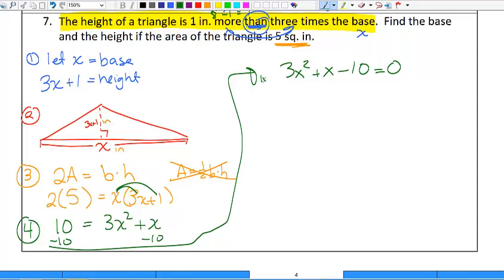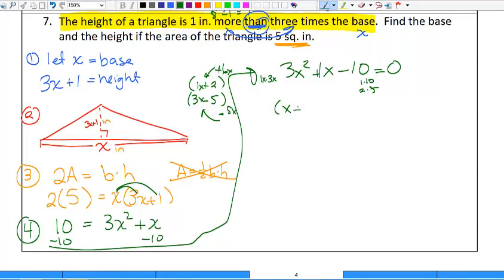So let's see if this factors. I hope it does. So I'm going to try 1x and 3x. I'll try 2 and 5. That gives me 6x and 5x, and I'm looking for 1. With one of each sign, can I get to a positive 1? I think so. A positive on the 6 and a negative on the 5. Make sure that you're putting it on the bigger product, not the bigger number inside, but the bigger product.